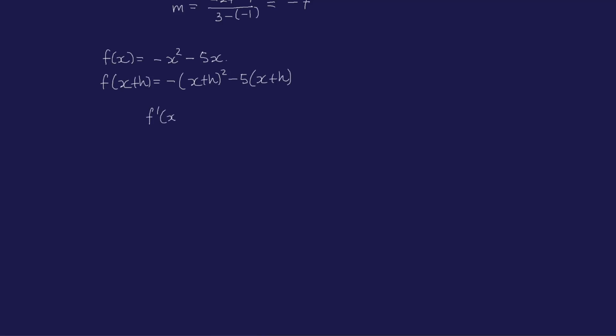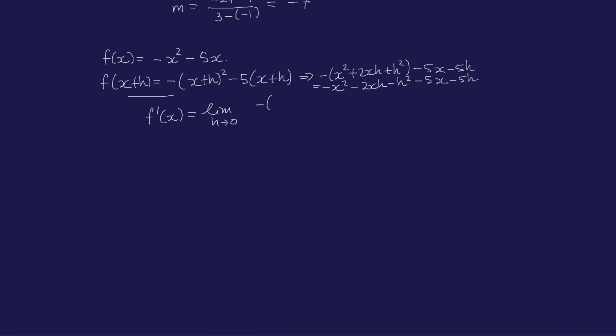So f prime x equals the limit as h approaches 0, and then we're going to have minus, and then let's simplify. I should have simplified here, so let's simplify this a bit further. So this will be minus x squared plus 2xh plus h squared minus 5x minus 5h. So that will simplify into minus x squared minus 2xh minus h squared minus 5x minus 5h.